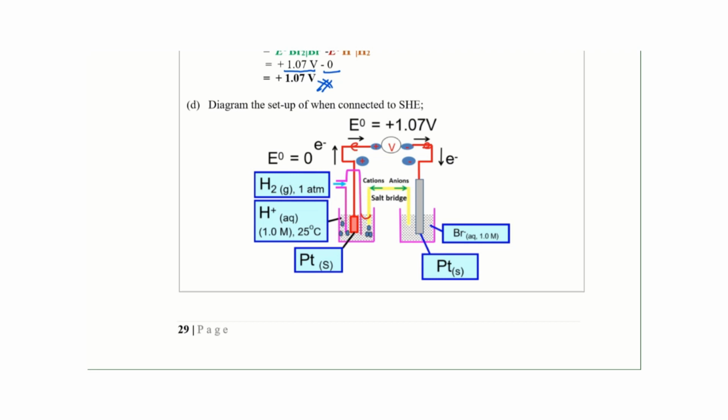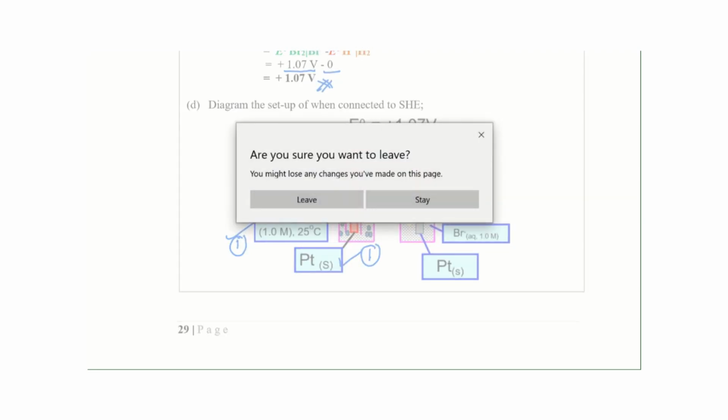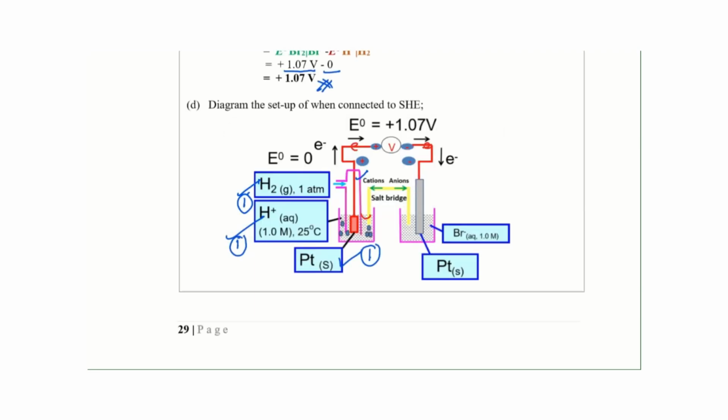So the diagram is as it is. So the marks here, okay, for electrolyte at the anode, H plus, and phase aqueous and 1 molar concentration. For the electrode of hydrogen, we use platinum. We have a tube for hydrogen gas to flow in, and the condition is 1 atm. So after that, we have the flow of electrons from anode to cathode.